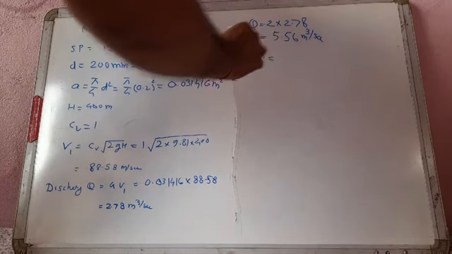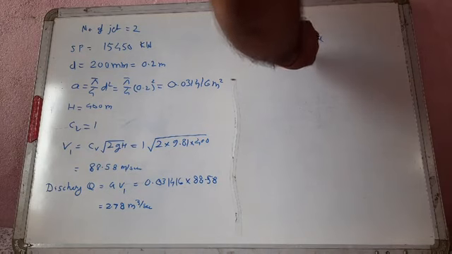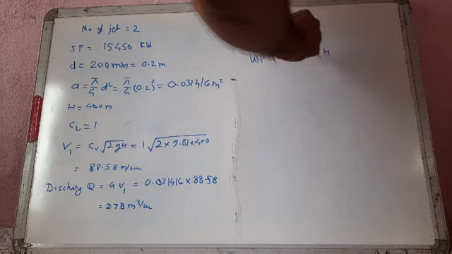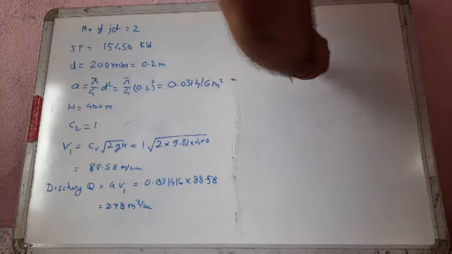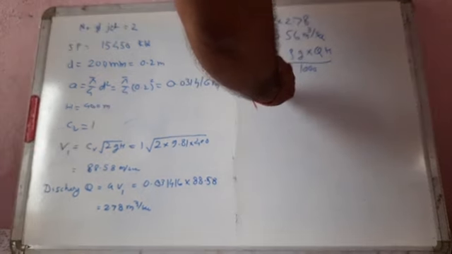And we have to find the power at the inlet of the turbine, that is water power, that is rho g Q H, divided by 1000 for power in kilowatt.